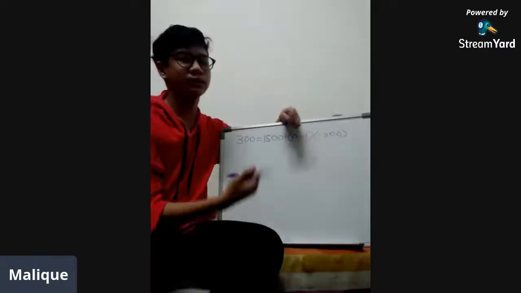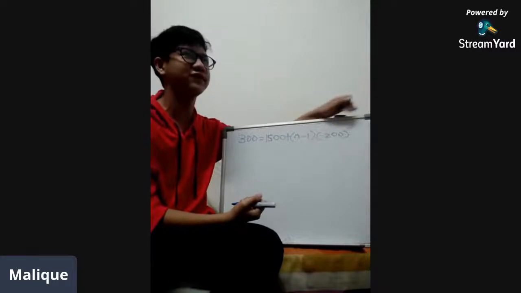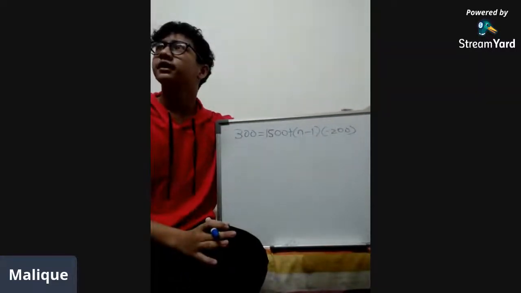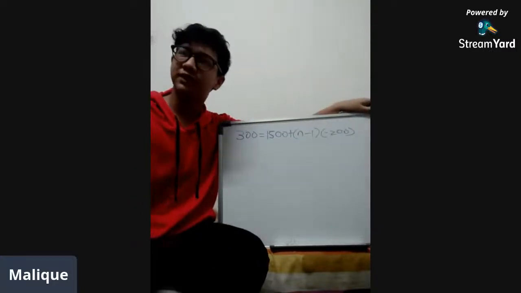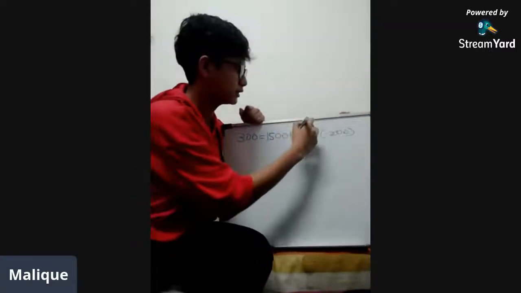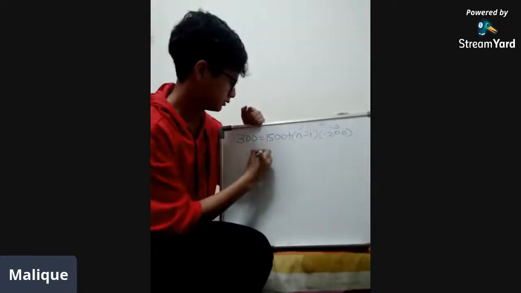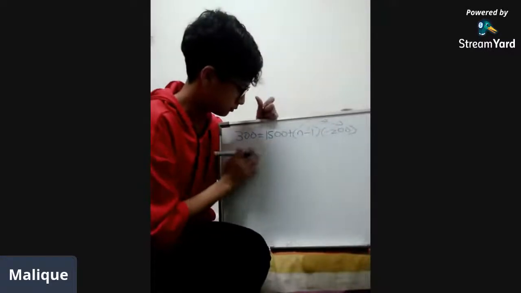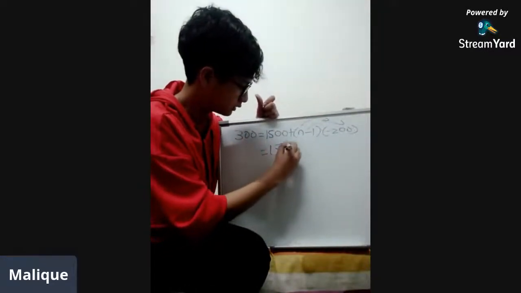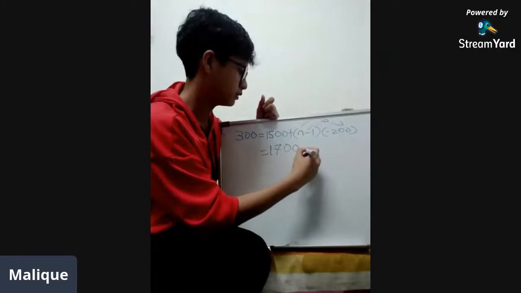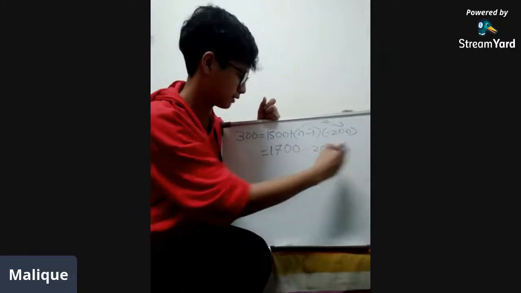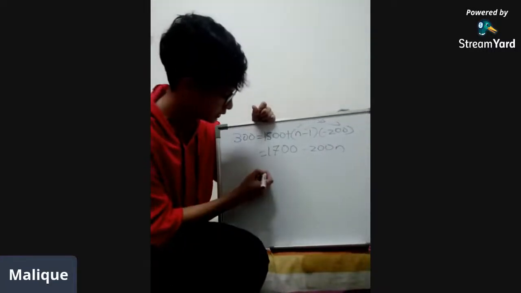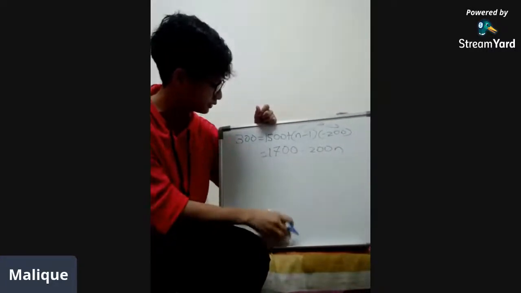Okay, so we're trying to find how many days Encik Suhaimi went from 1,500 to 300 chickens. So we're just gonna solve this right here, which will give us 1,700 minus 200n equals 300. So we'll just take 200n to the other side, just like how we usually do with algebra.